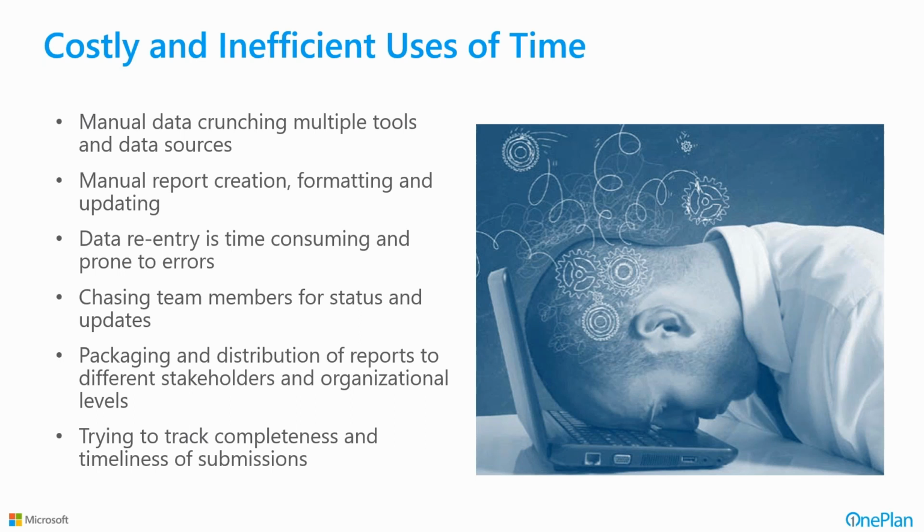So also the chasing of team members for status and updates across a variety of different tools and technologies, that can be a pain. Packaging and distribution of reports to different stakeholders at organizational levels, once again, that becomes a manual process. And just trying to track completeness and timeliness of submissions is often a challenge. These things are all counterproductive to the things that we actually want to do, and we want to kind of mitigate all this.